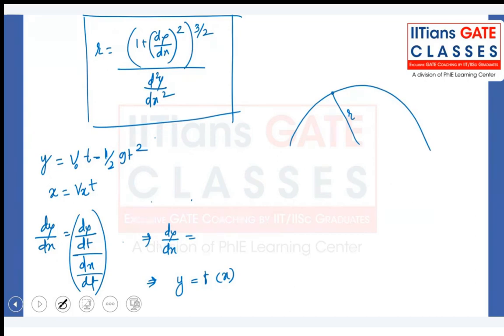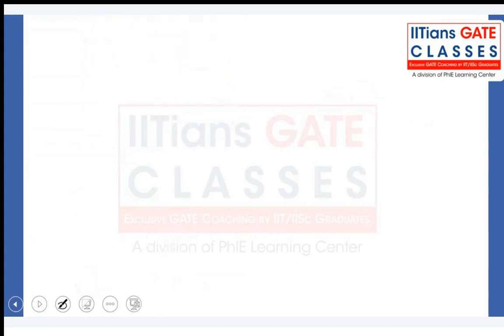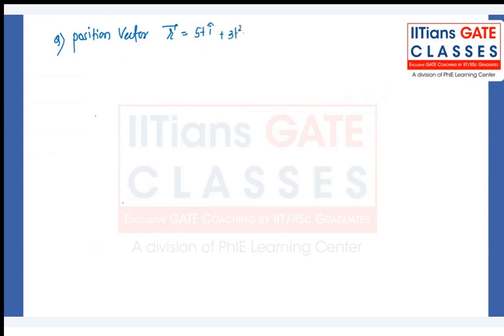Okay, I'll give you one more question. Let me give you one different kind of question now. The position vector r bar is equal to 5t i plus 3t square j plus t cube by 3 k, where r is in meter and t is in second.